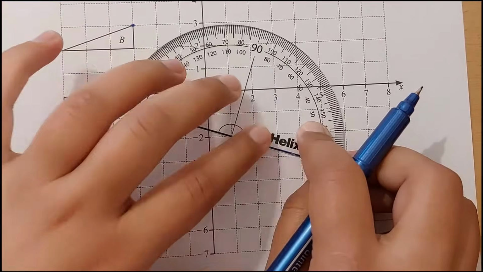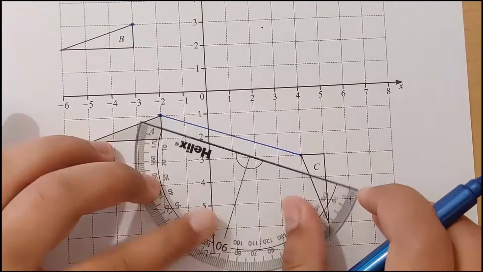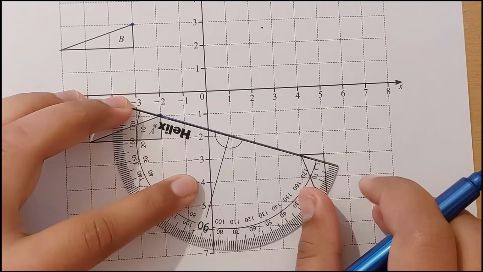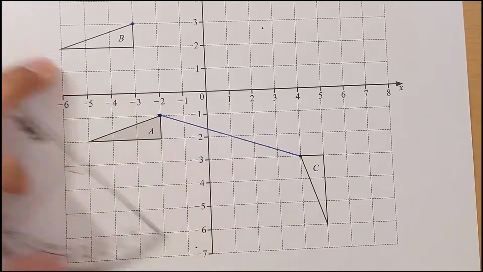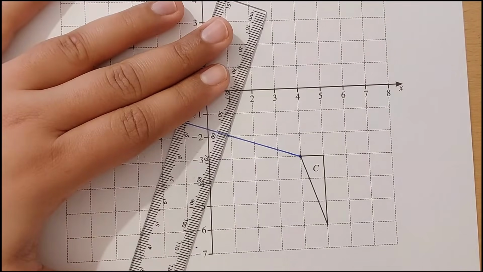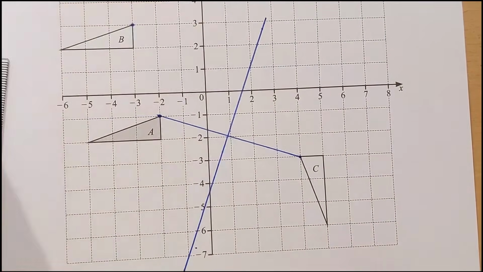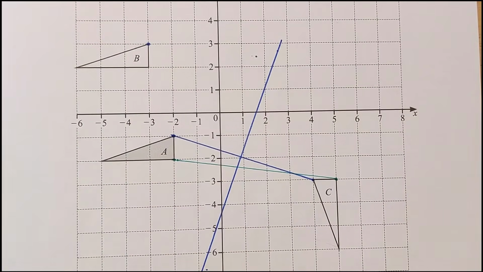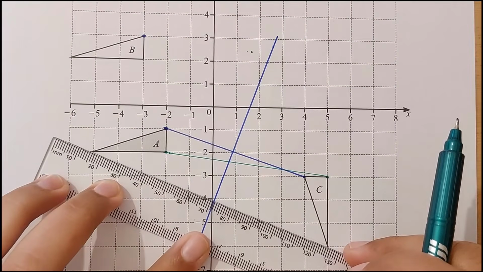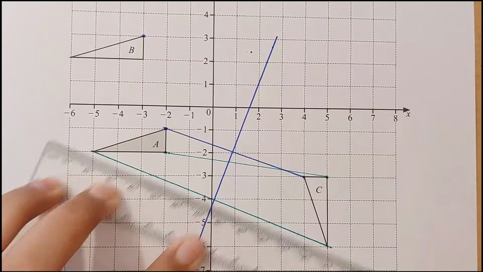Let me draw its perpendicular bisector by measurement. So we have a 90 degree angle here, right? So this is the perpendicular line. Okay, now let me connect the third point, this with this, and find its perpendicular, right?